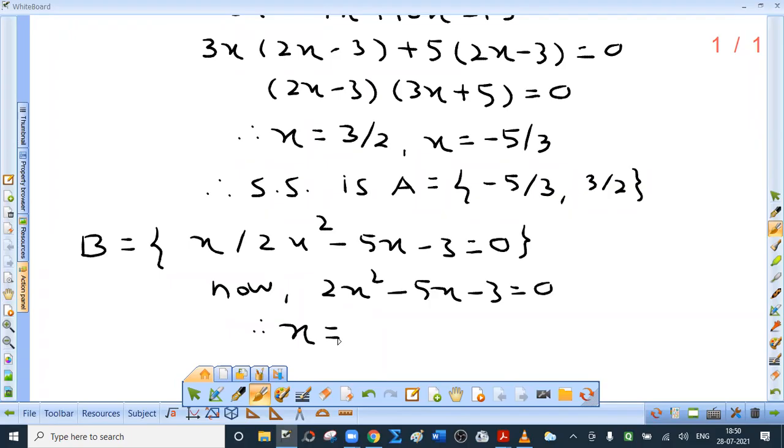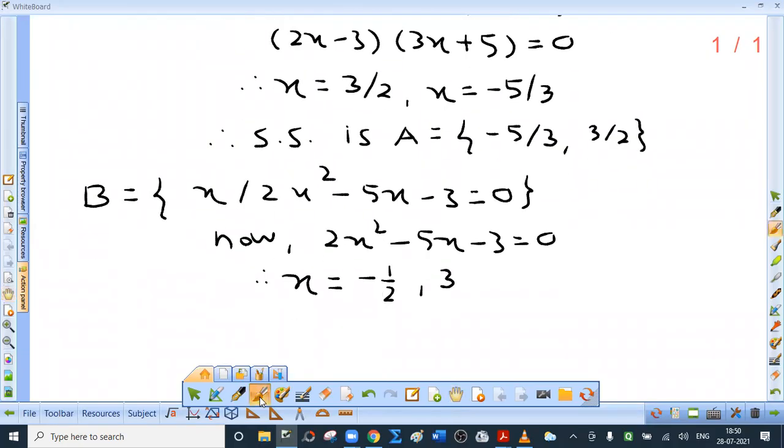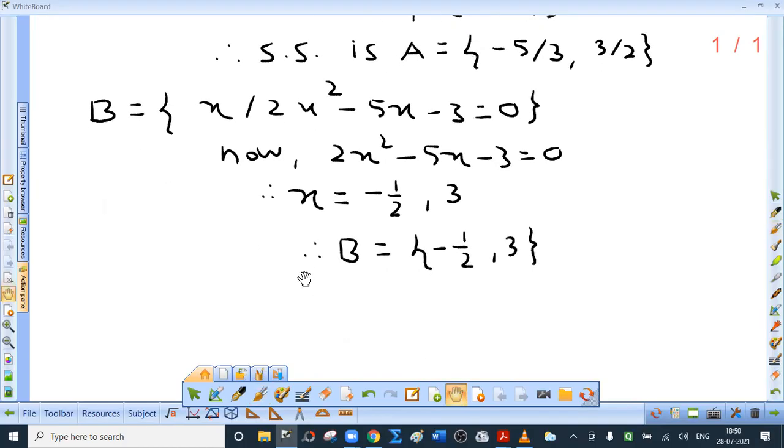So I can say x equal to, just check this, minus half, and other root is 3. Yes. Therefore, B is minus half comma 3. See, order is immaterial. I should not say that write minus half first and after that 3. Not necessarily. Order is immaterial. Please check the factors.